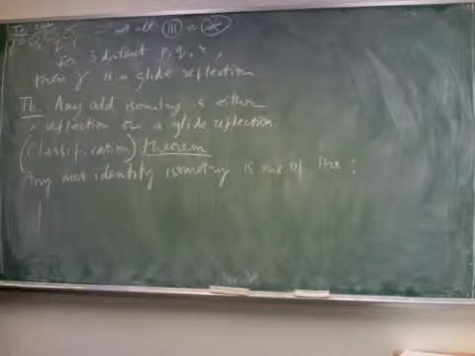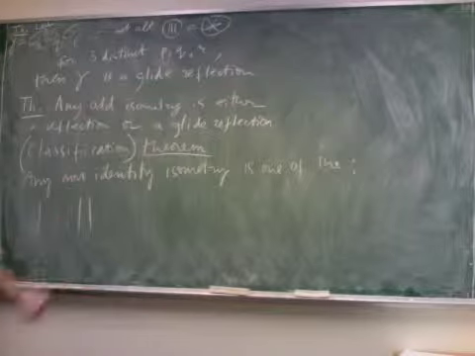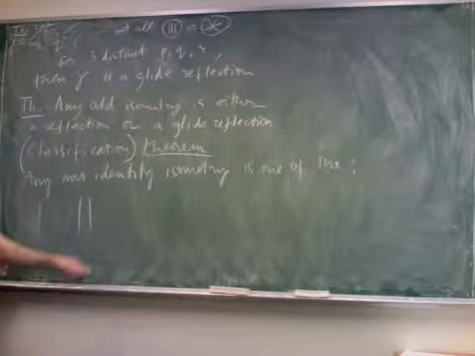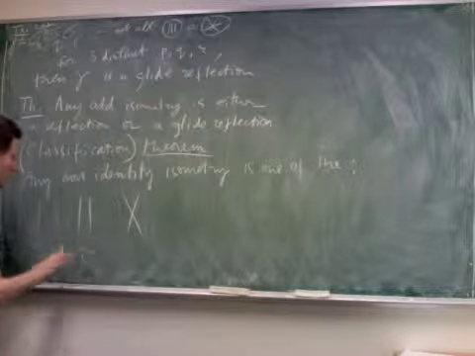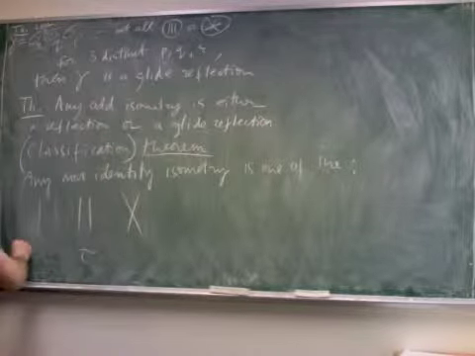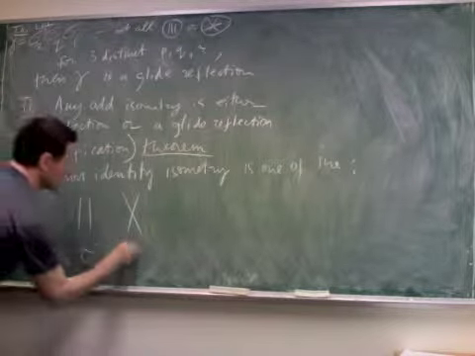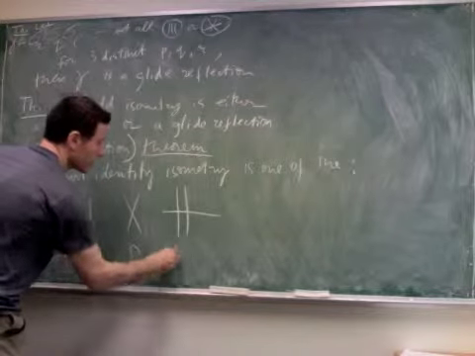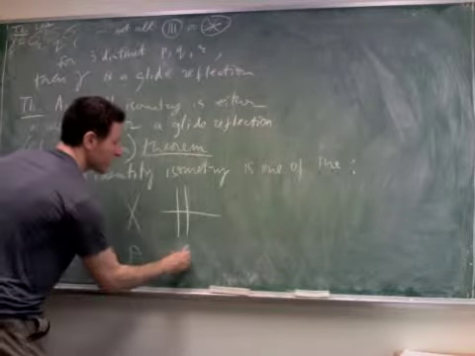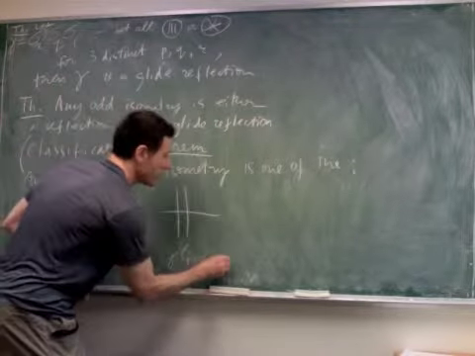It's either a reflection or a translation or a rotation or a glide reflection. Again, gamma stands for glide, the first letter G of glide reflection.